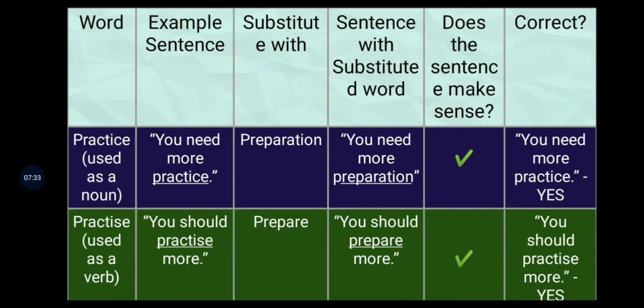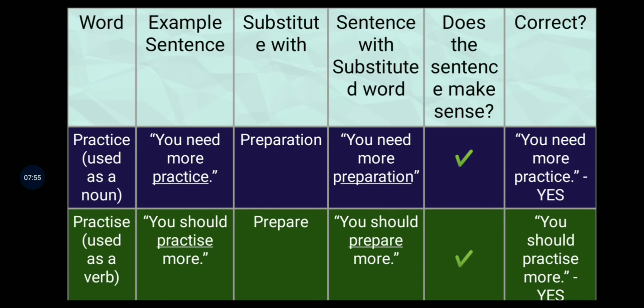So substituting practice as a noun with another noun and then finding out if the output sentence is correct or not can actually tell you if you're using practice with the C in the correct form or not. See an example here. For practice as a noun, we have an example sentence, you need more practice.